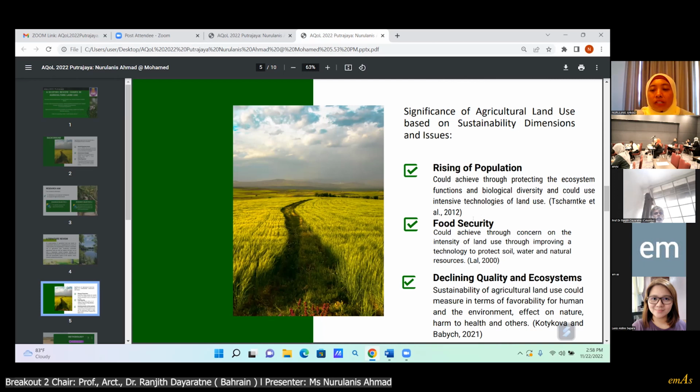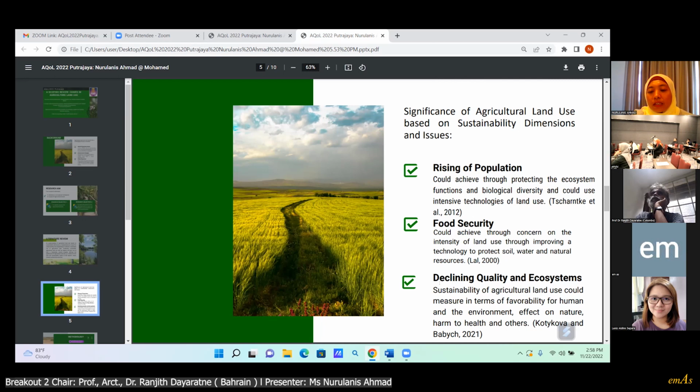In regard to food security issues, we need to concern intensity of land use through improving technology to protect soil, water, and natural resources. This is according to Law 2000.